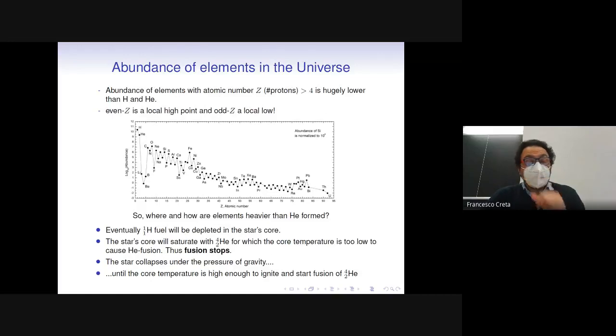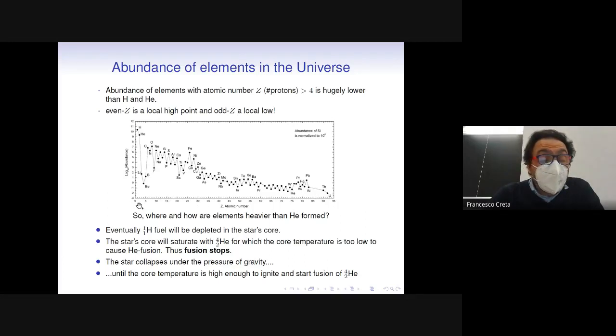Now, that's another interesting aspect. These are all the elements that are present in the universe. We'll get to the heavier ones later on. We just talked about how helium is formed by the fusion of hydrogen in the stars. Now, this is the atomic number, the number of protons in each element.